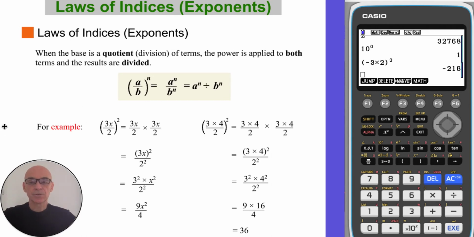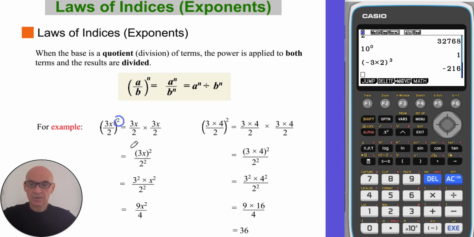The next law states that when the base is a quotient or a division of terms in a bracket raised to a power, then that power must be applied to both terms, the numerator and the denominator, and then the terms must be divided. For example, 3x divided by 2 in brackets has to be squared.